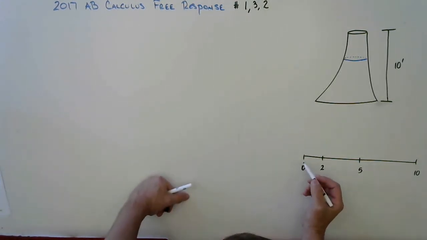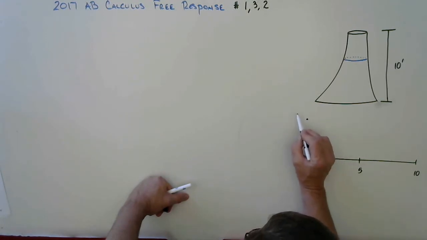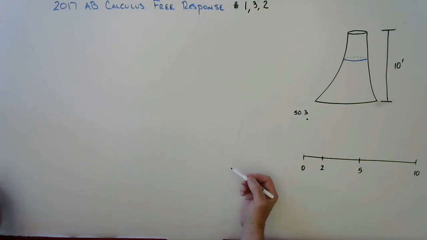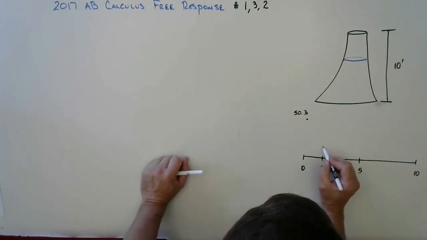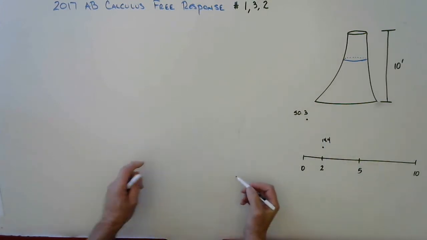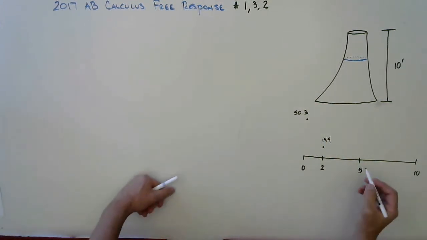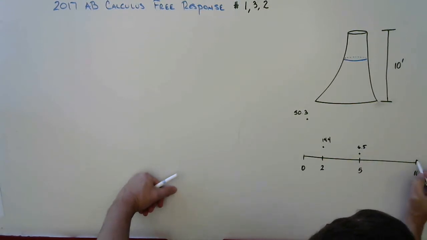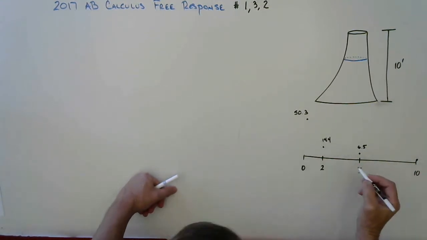At 0 feet, it's 50.3. At 2 feet, and I'm getting these off the table, it's all the way down to 14.4. At 5 feet, it's 6.5. And at 10 feet, it's down to 2.9.